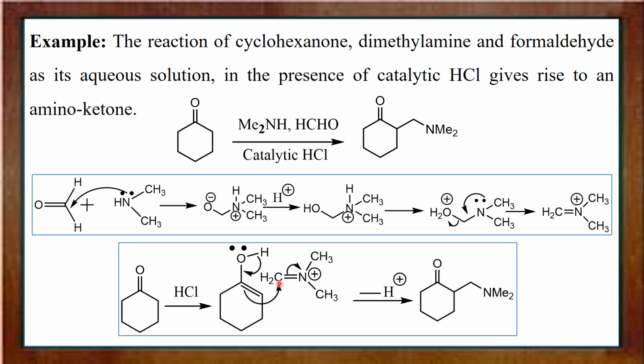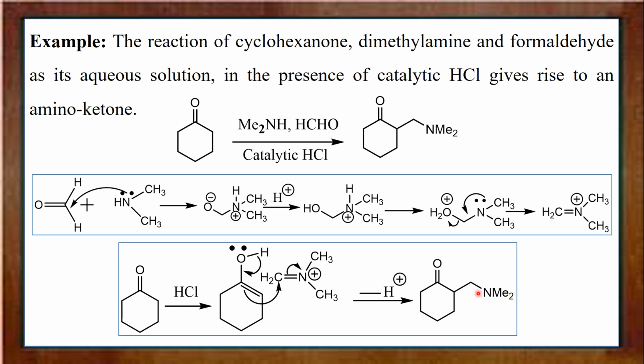As a new bond is made here, this bond is shifted to nitrogen, and that is how we get the aminomethyl derivative of cyclohexanone.